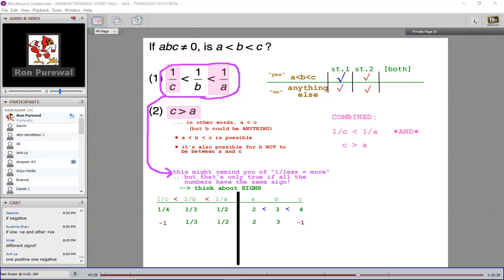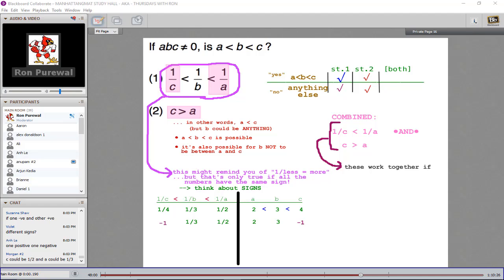If you need to play around with numbers to show this to yourself, then do it. If they're both positive, this will totally work. And if they're both negative, this will also totally work. And again, if you need to look at specific cases, then by all means, that's what you should do.